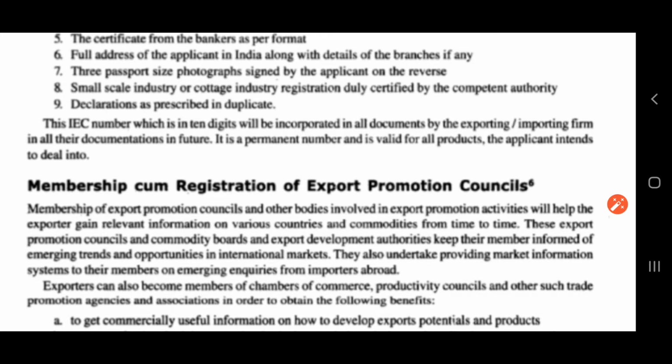These also keep their members informed of emerging trends and opportunities in international markets. They also undertake providing market information systems to their members on emerging inquiries from importers abroad.